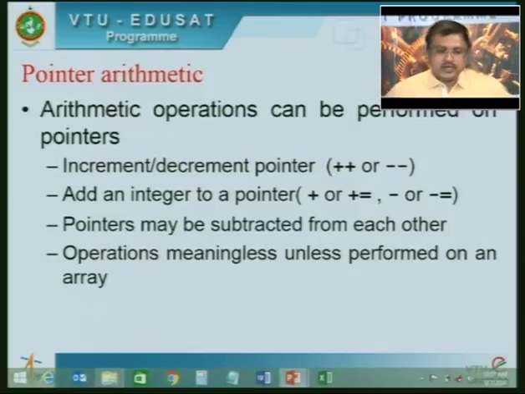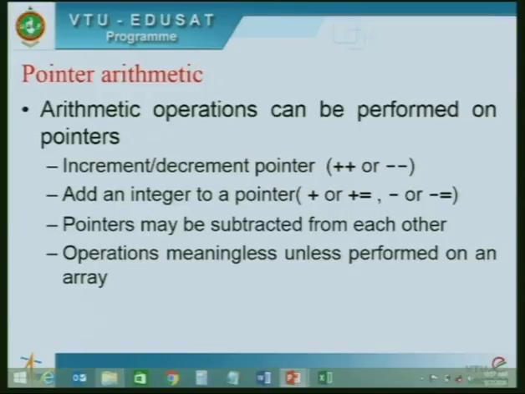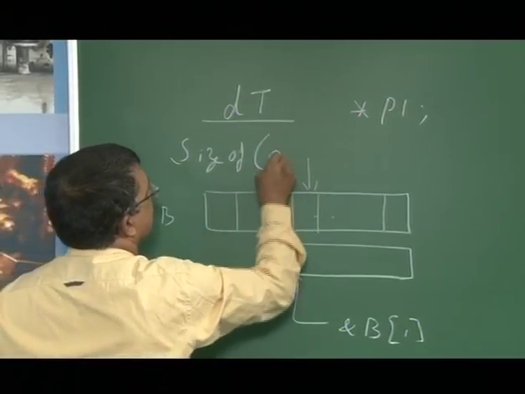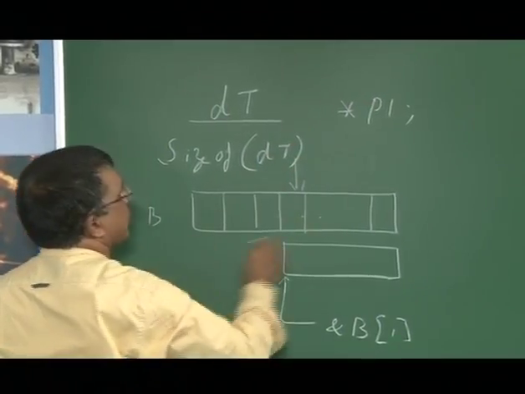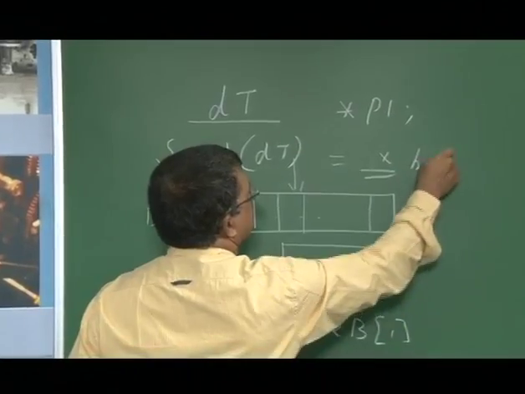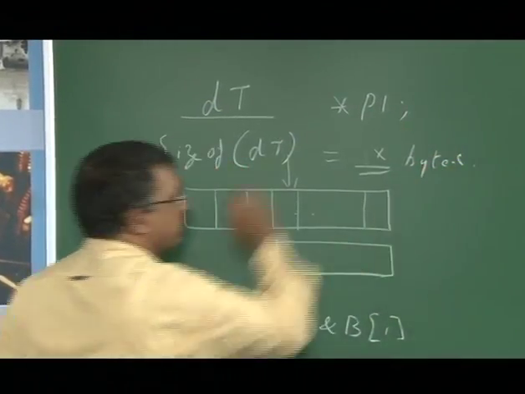Let us quickly now see. What we know is there is a data type, a pointer to it, let us call it P1. Then you have the function sizeof(data type), which will generally be some x bytes. Remember that.